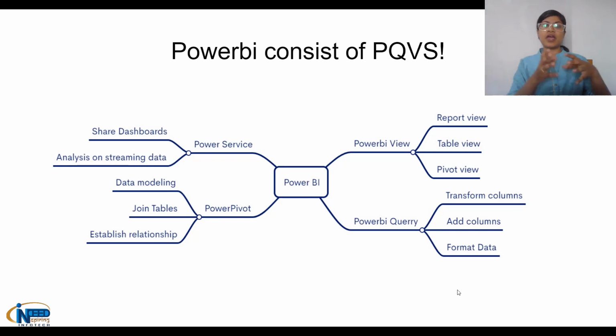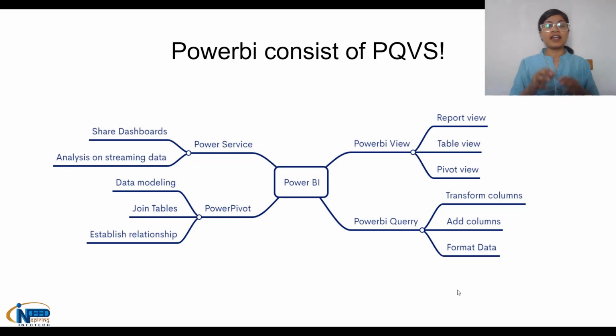That data came from Power Pivot, which consists of all the raw data we are using for creating reports. This data can be observed in the table view, where we can easily see the tables of each and every sheet. In the pivot view, all the data modeling we have done in Power Pivot can be observed during the visualizations as well. So it is one of the most understandable tools.